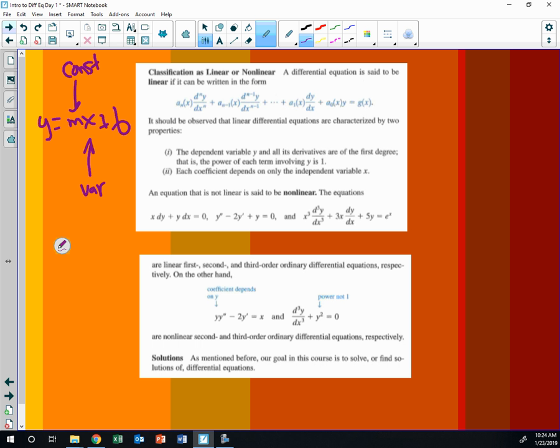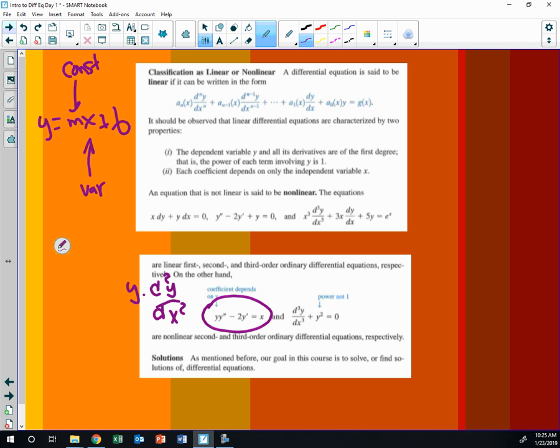That's the harder one. Here's an example where they say it's nonlinear, because instead of this being d squared y dx squared, that would be the second derivative times y.